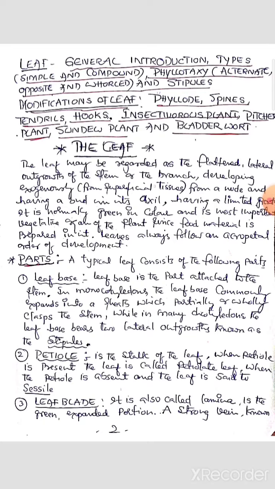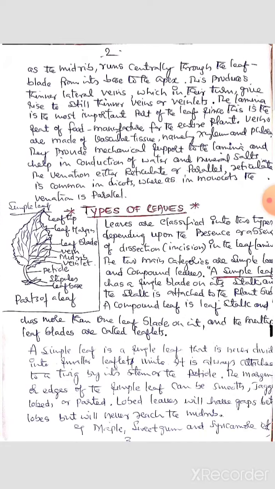Then the third one, the leaf blade. It is also called lamina. It is the green expanded portion. A strong vein known as the midrib runs centrally through the leaf blade from its base to the apex.